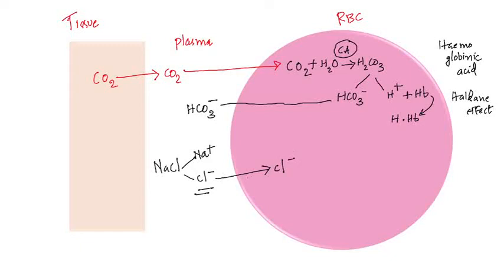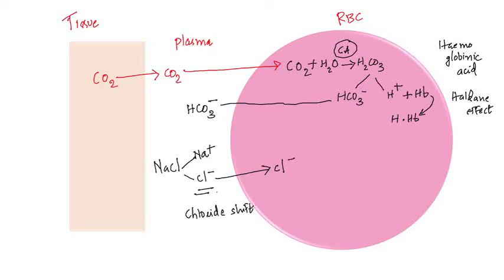This movement of the negatively charged chloride ion, to compensate for the electrical imbalance within the RBC, is termed the chloride shift. Why?